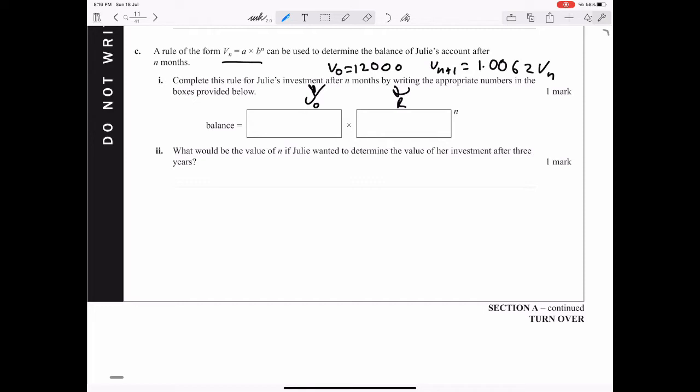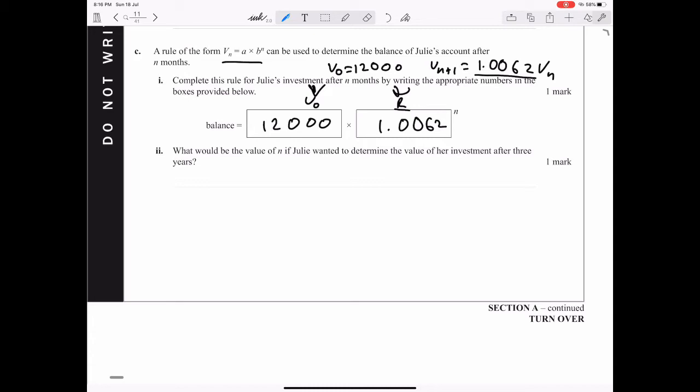So we know that V0 is 12,000, and 12,000 would go over here according to our rule, and the value of R is 1.0062, so you write 1.0062 here, which follows the nth term relation rule. So therefore, that is your answer.